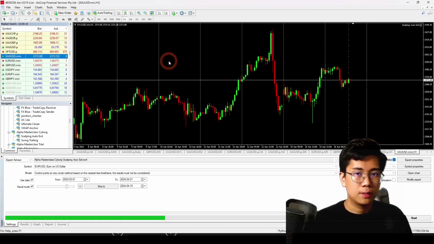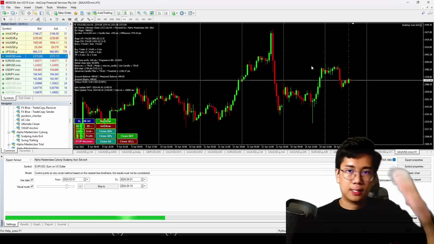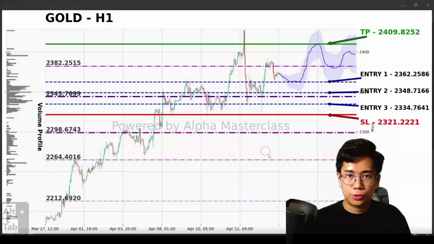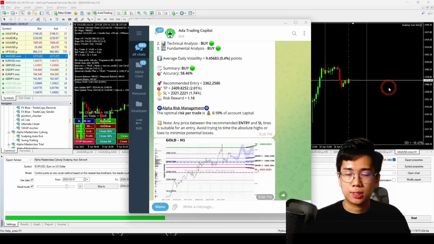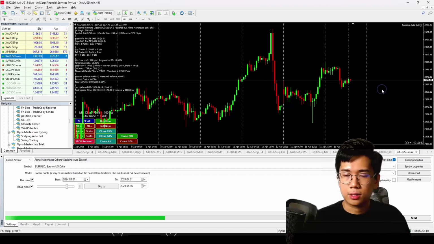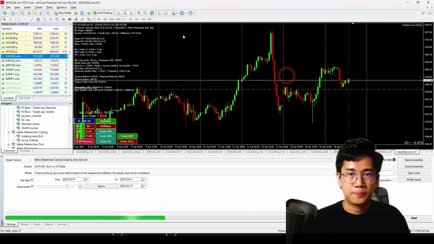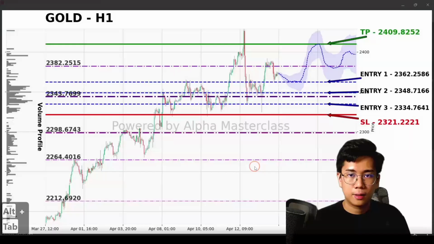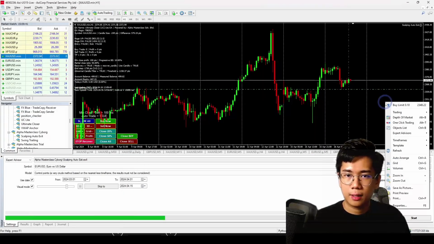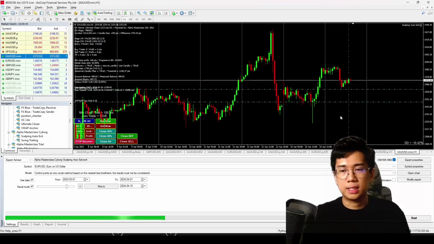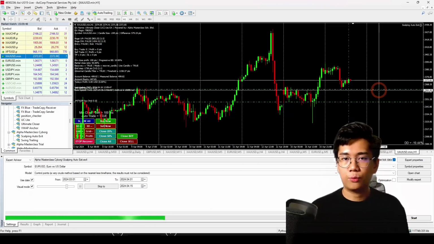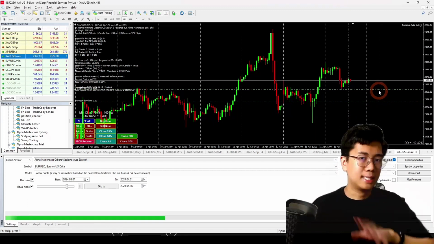Okay, so I'll give an example. Let's say this is the gold market, 2362, right? 2362. I just put a buy here at 2362, and 2348. You guys can just put it here like this, or even just put one trade there, that's it, enough.